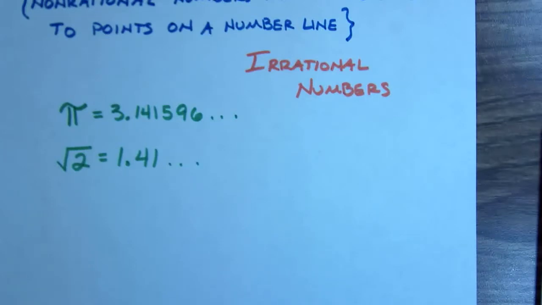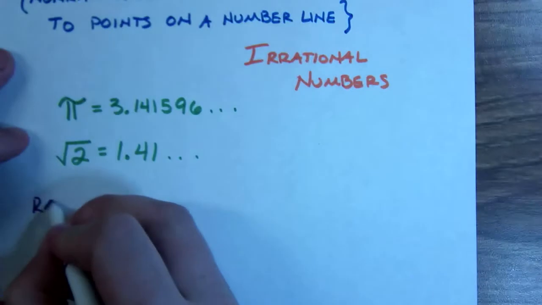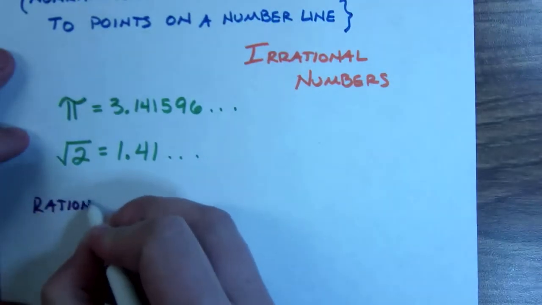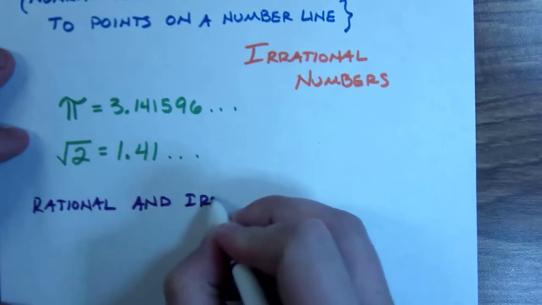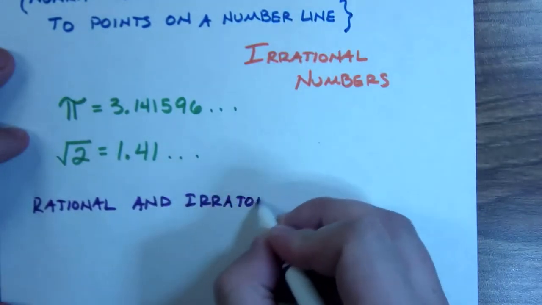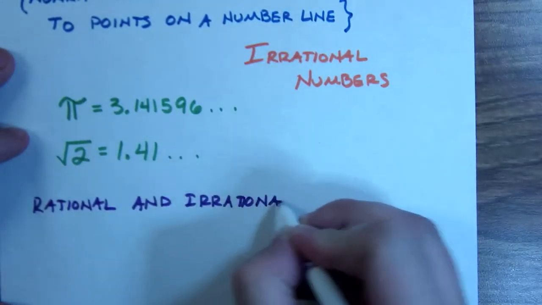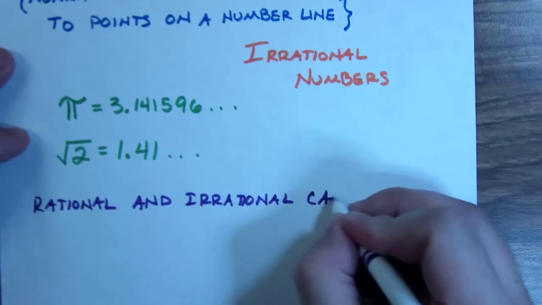Rational and irrational numbers both can be written as fractions.